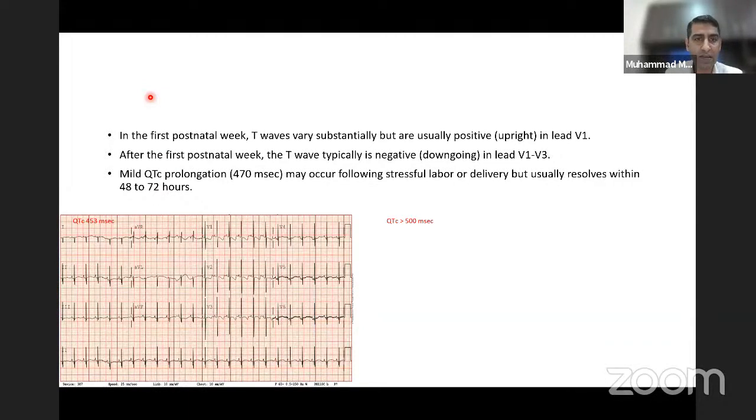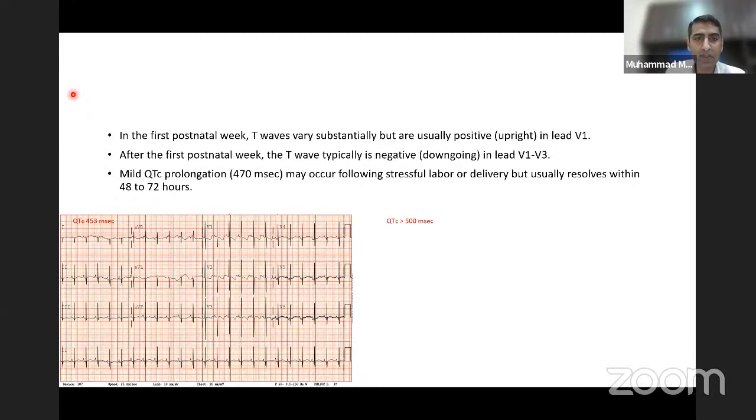So in the first week, the T wave is positive in V1, and after the first week, it becomes negative, and it stays the same at minimum till the age of 7 years, and it can stay negative till 10 or 12 years of age. The other important thing is measuring the QTc interval.